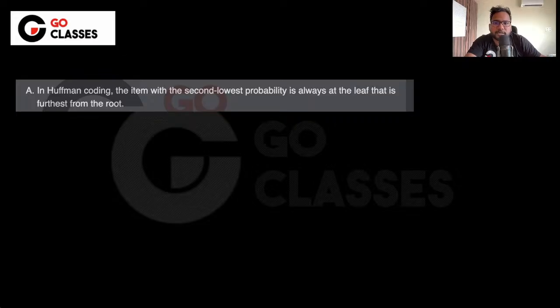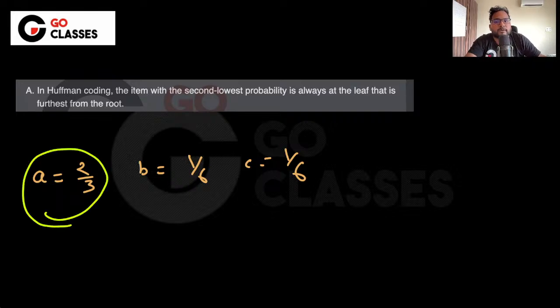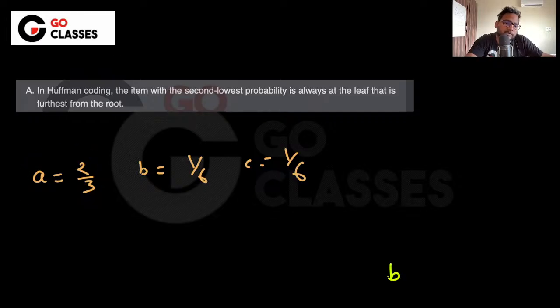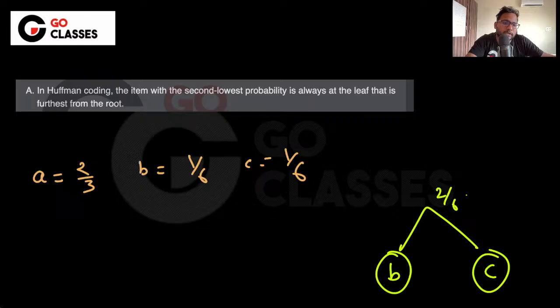Let's suppose take an item A with the probability 2 by 3, and B is having the probability 1 by 6, C is also having the probability 1 by 6. So they are saying that A is having the second lowest probability, right? And that is not the farthest away from the root. So basically you will be merging B and C, right? And this is 2 by 6 or 1 by 3.